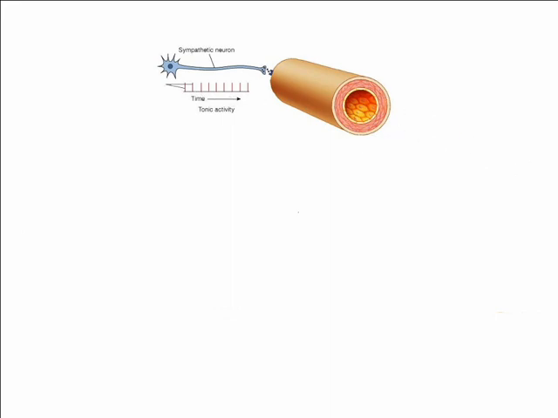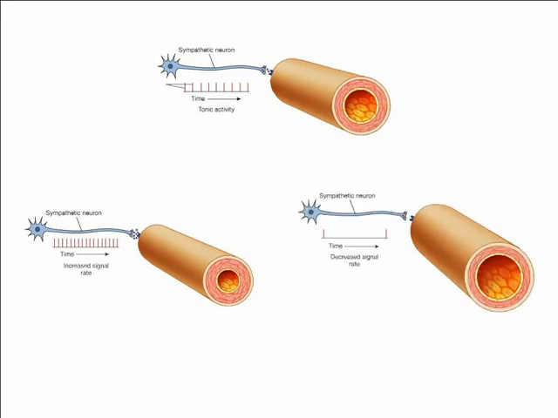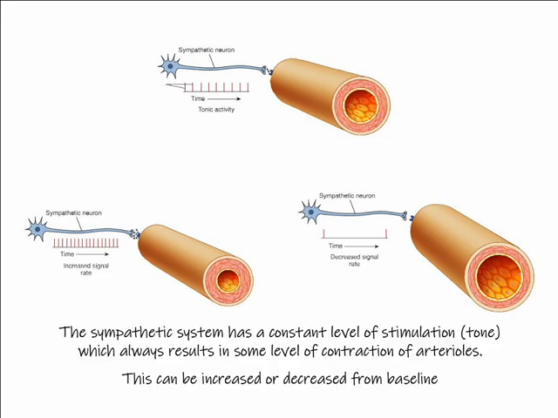So we can adjust the radius of that arteriole by either turning up the sympathetic stimulation, which will result in vasoconstriction, or by reducing sympathetic stimulation, which will result in vasodilation. Okay. So sympathetics have the ability to both vasoconstrict and vasodilate, and that's solely based on the frequency of stimulation.